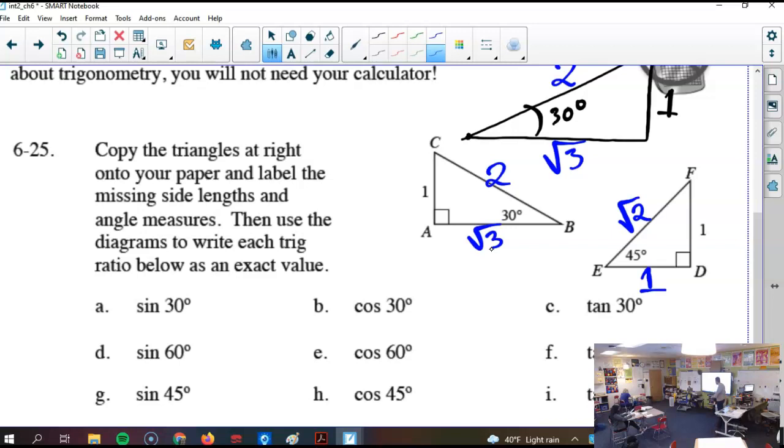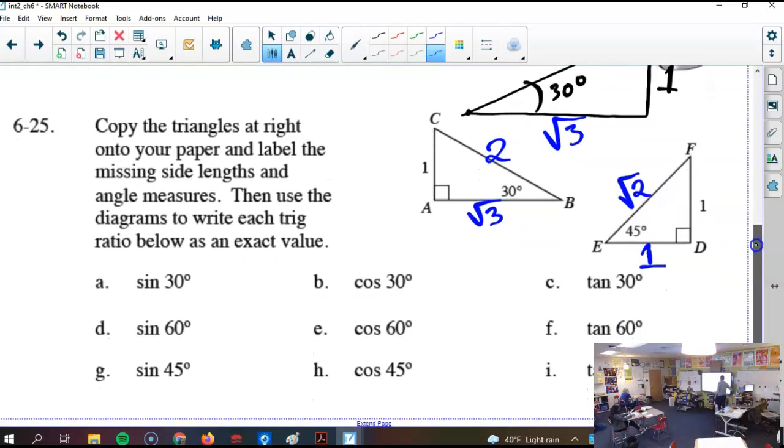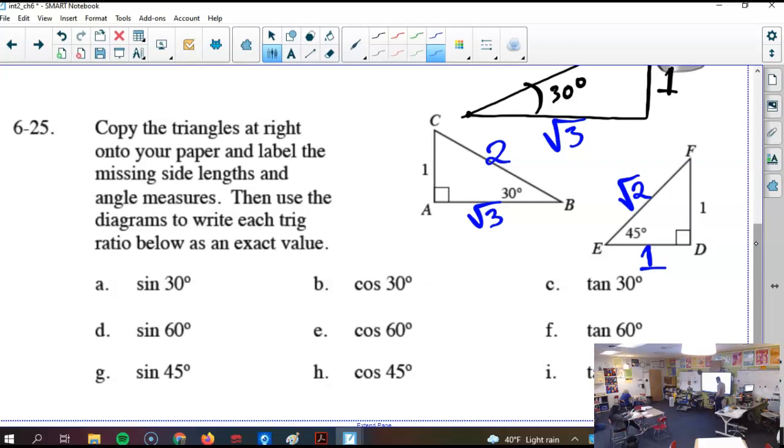All right, so sine, cosine, tangent, SOHCAHTOA, if you will. What's sine of 30? 2. Sine of 60. I was going by ABC. Cosine of 30? It's the same number. Sine is opposite over hypotenuse.